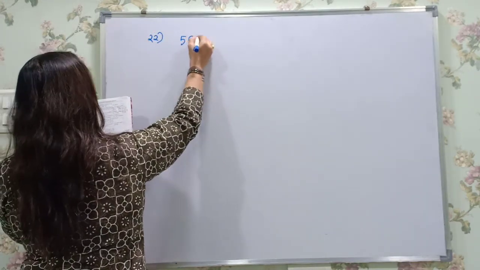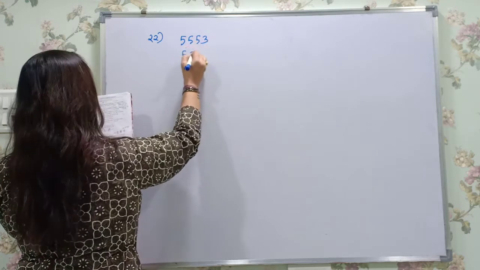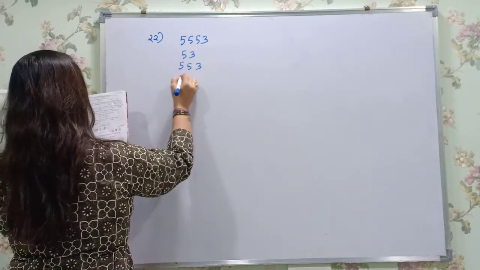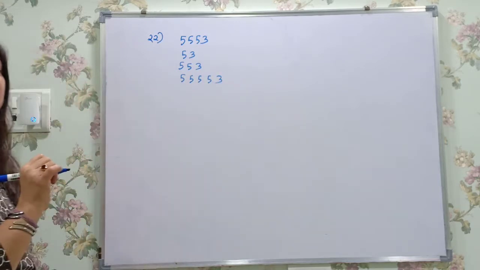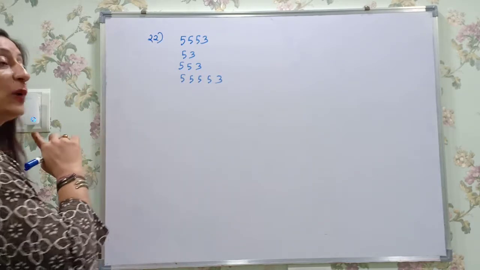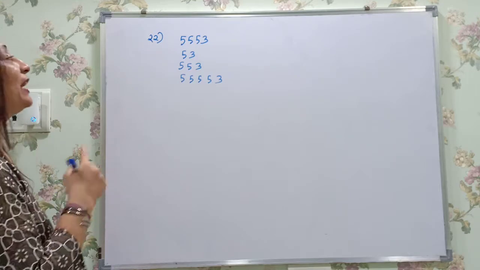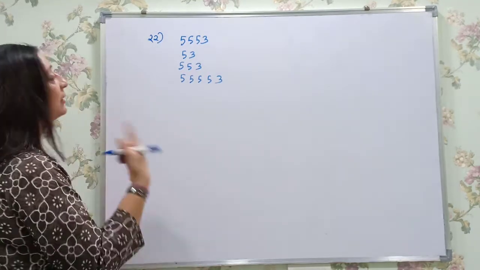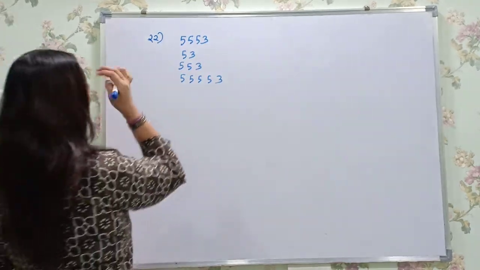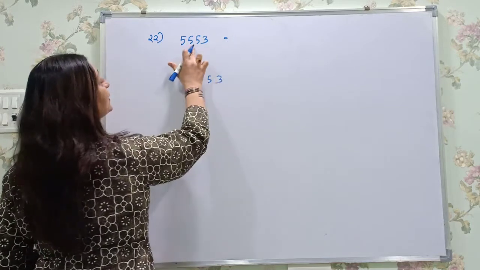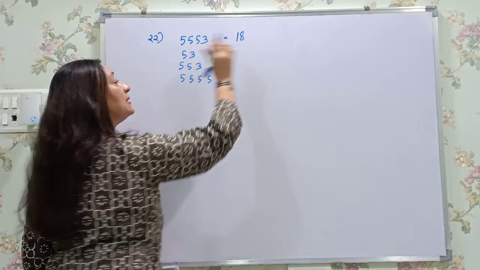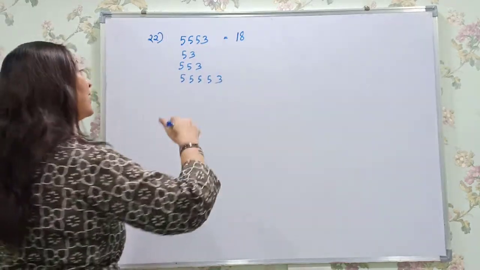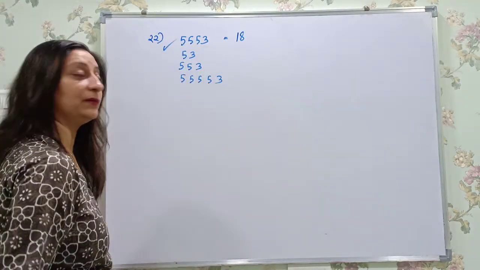Now what is the divisibility test of 3, kids? You have to add all the digits, and if that sum is divisible by 3, then the number is also divisible by 3. So here 5 plus 5 is 10, 10 plus 5 is 15, 15 plus 3 is 18. Is 18 divisible by 3? Yes, so this number is divisible.